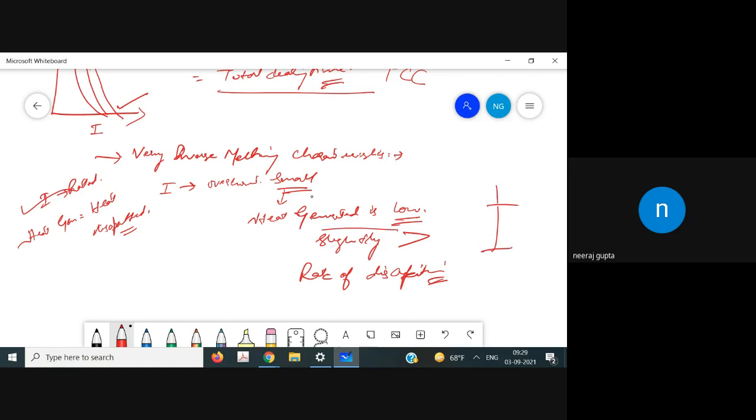Because of that, the temperature of the element, let us suppose this is the fuse element carrying the current, increases, but it increases gradually.